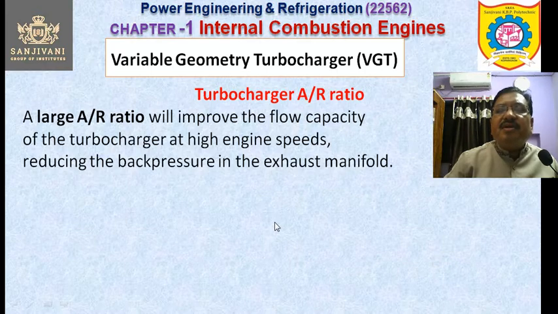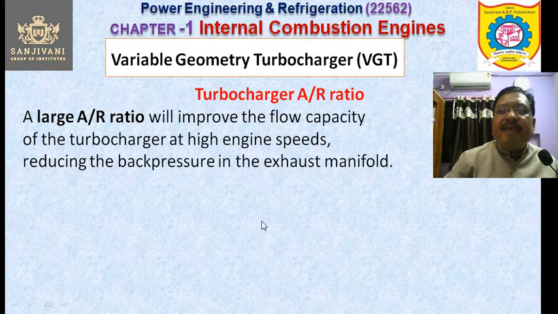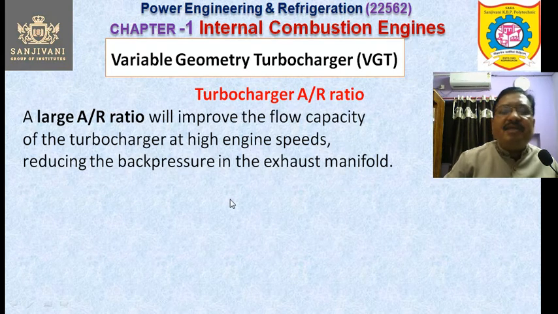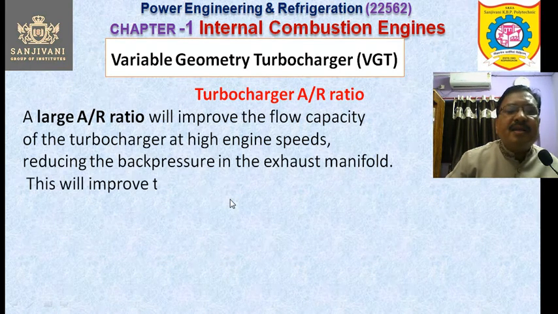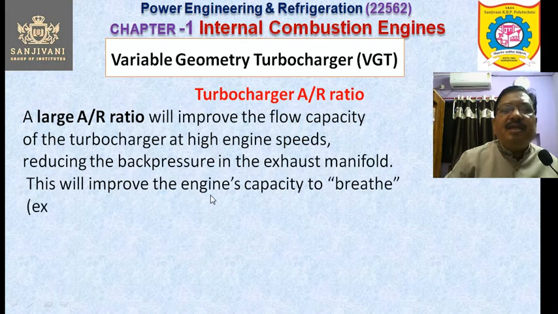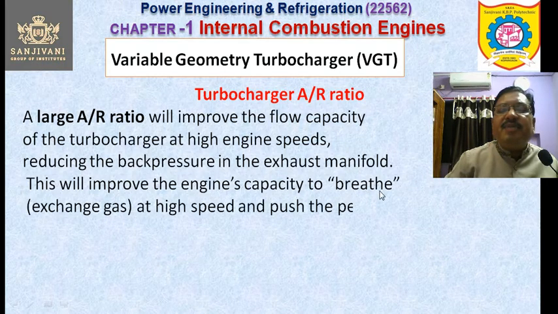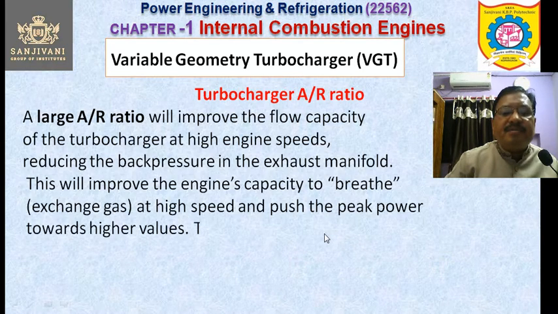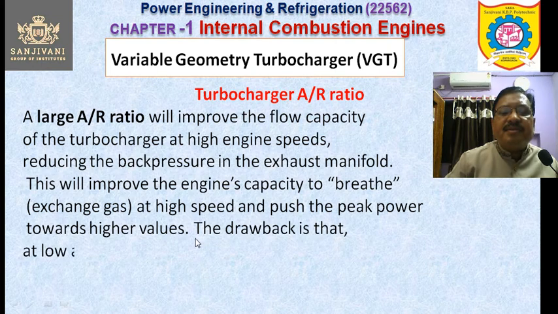Due to turbocharging, back pressure is created, but when the area is increased, the back pressure will be reduced. So there will be improvement in the engine's capacity to breathe at higher speed and push the peak power towards higher values.